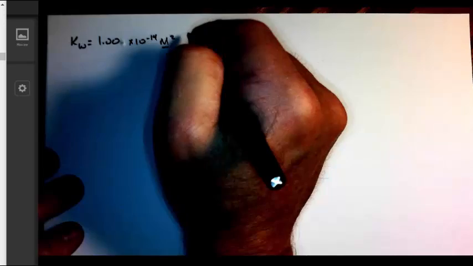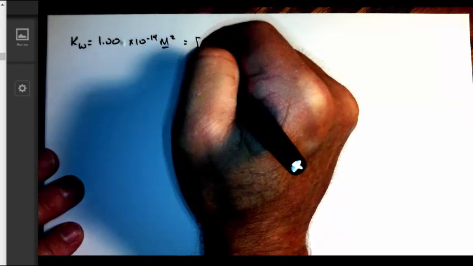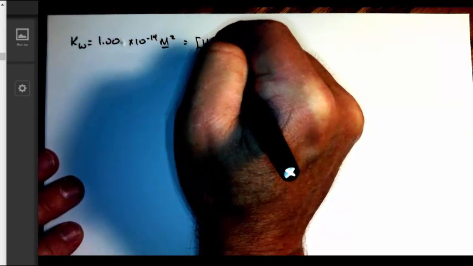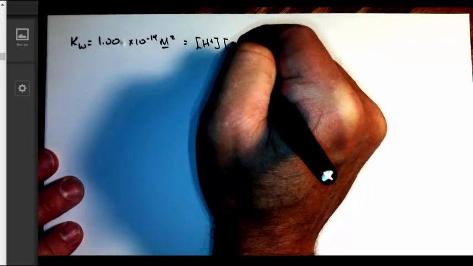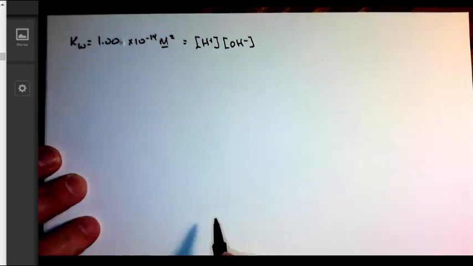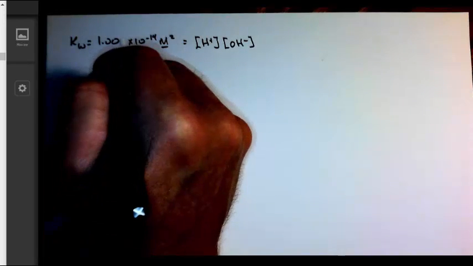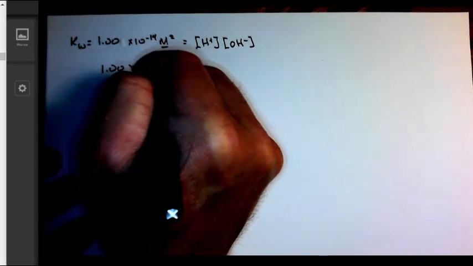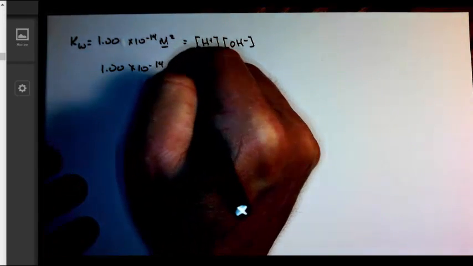And KW is also equal to the hydrogen ion molar concentration times the hydroxide ion molar concentration. Then 1.00 times 10 to the negative 14 molar squared.